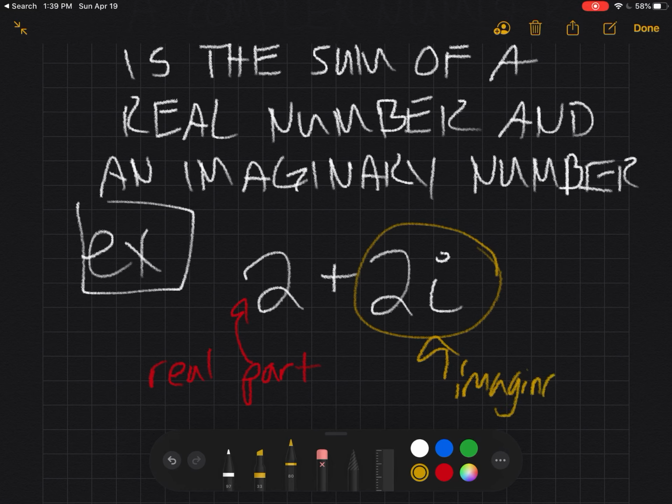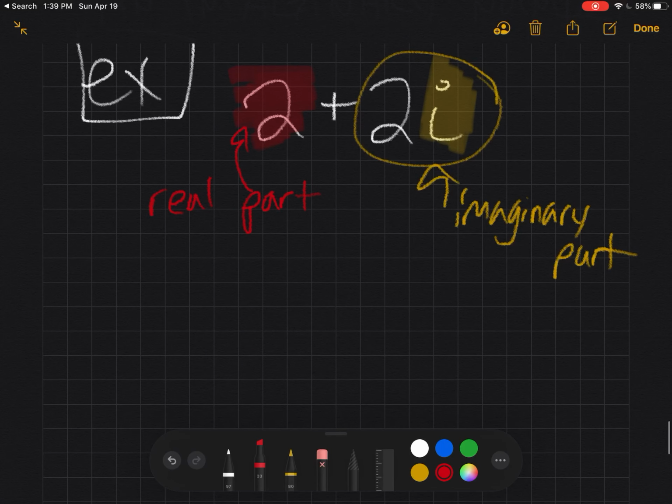So here are some examples. I could say 2 plus 2i is a complex number. Here's a real part. And here's an imaginary part. This is the imaginary part because it has the i here, that square root of negative 1. And this over here is the real part because 2 is a real number.